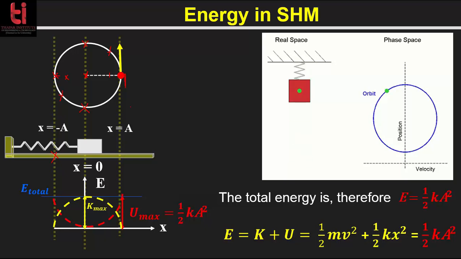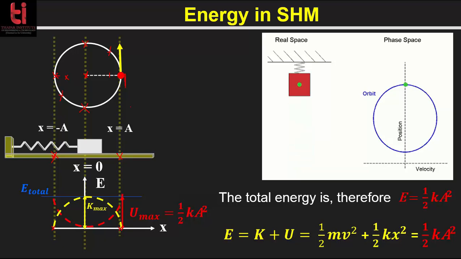So when the mass is at the limits of its motion, that is when x is equal to a or x is equal to minus a, in these two positions the potential energy will be maximum. But in these two cases, the value of the kinetic energy will be 0, as v is equal to 0 in these two positions.